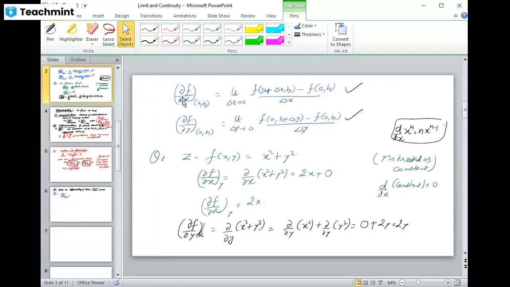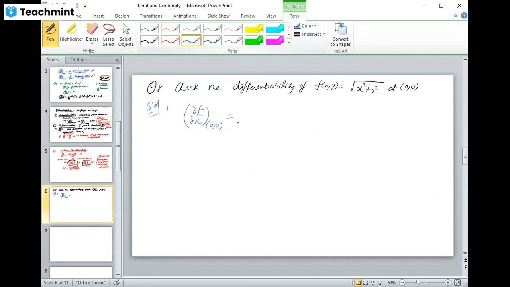This is the definition of the partial derivative of the function at the point (a, b). It is the limit as delta x tends to 0 of f of (a plus delta x, b) minus f of (a, b) upon delta x.